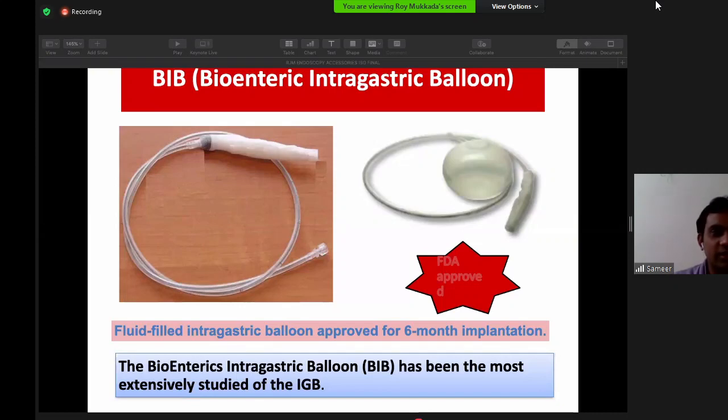This is for a temporary purpose. If the patient is very well motivated, he can keep the balloon for 6 to 8 months or 1 year, and he reduces the weight, and then if he is motivated, he can continue the same lifestyle and maintain. The other indication is, suppose you want to do a liver transplant, or even a bariatric surgery itself, when the patient is too obese.